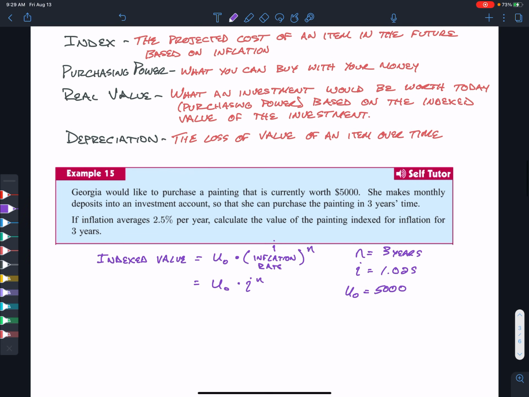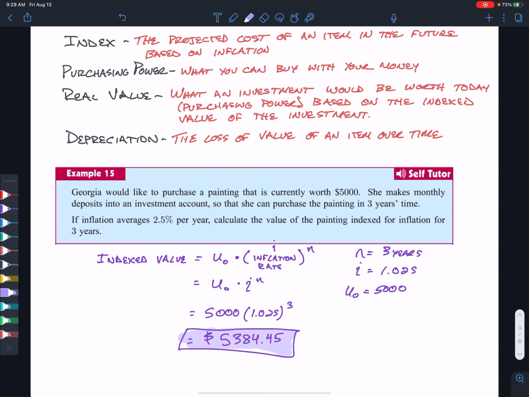So the indexed value is simply 5,000 times 1.025 to the third power. And that gives us a value of about $5,384.45, right about in there. So that's what the indexed value of this painting is.